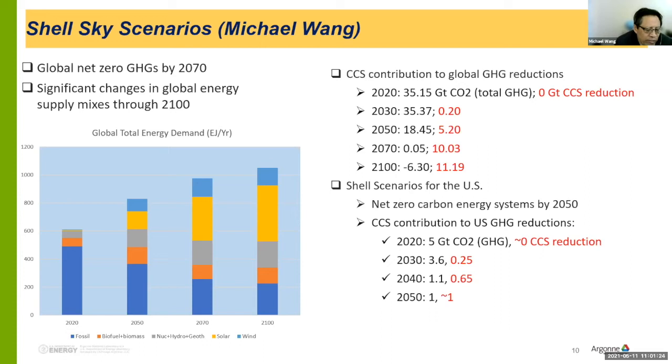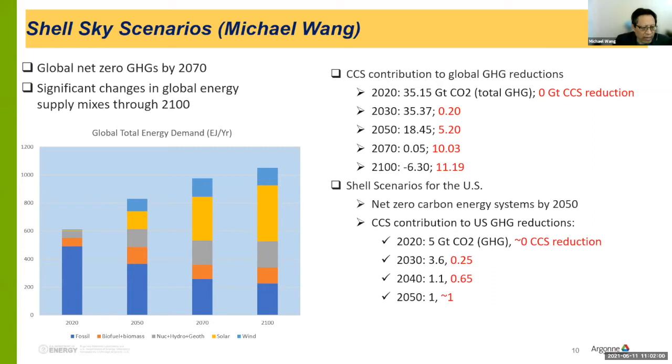And the goal set is that by 2070 it's going to be about zero. By the end of 2100, it will have negative emissions. The red numbers here are the amount of CO2 sequestered from CCS: zero in 2020, about 5 gigatons at 2050, 10 gigatons at 2070, and 11 gigatons at 2100.